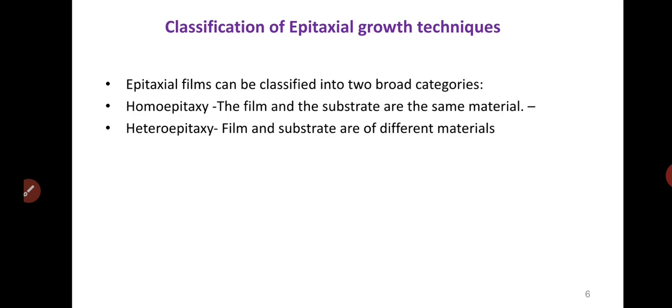So there is compression or tension along the surface, and it is called pseudomorphic because it is not lattice matched to the substrate without strain. If the epitaxial layer exceeds a critical layer thickness, which depends on lattice mismatch, the strain energy leads to formation of defects called misfit dislocations.